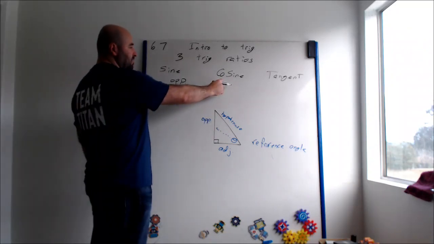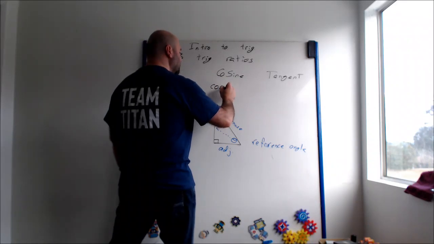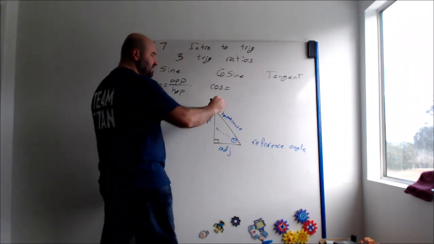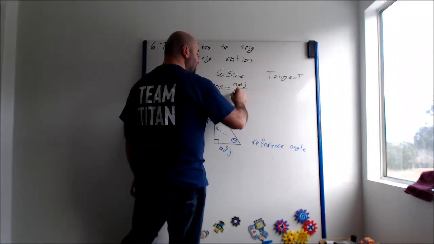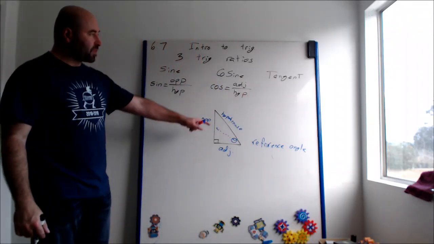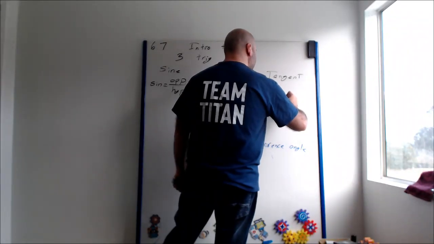Cosine, the abbreviation for cosine is just COS or cos. Cosine is going to be the side adjacent over the hypotenuse. And then finally tangent. Tangent is abbreviated as tan.